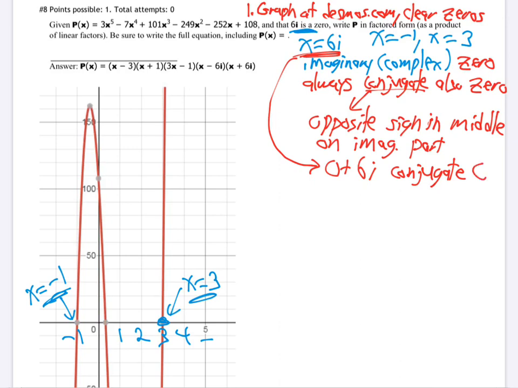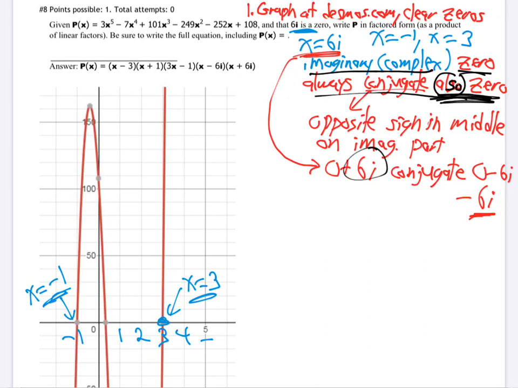In other words, you change the sign on the imaginary part. So it's really just minus 6i. The 0 is not doing anything. That's also got to be a 0 automatically. That's what we're saying. Whenever you have an imaginary 0, its conjugate will also be a 0.